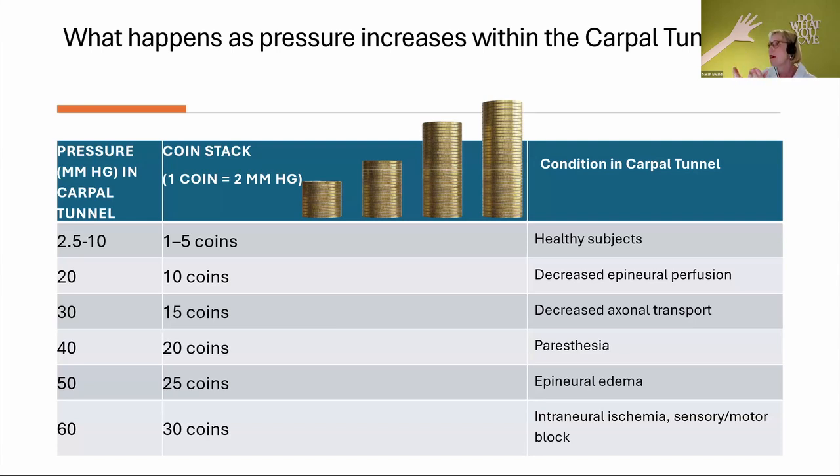The area around the nerve is going to have a decreased amount of blood flowing to it already with that little change in pressure. Now, if we increased it by 10 more millimeters of mercury, and it went to 30, that's now 15 coins stacked up on our carpal tunnel sitting there. We're going to already see at that point a decrease in the axonal transport. The speed at which a signal can cross that nerve is already going to slow down a little bit.